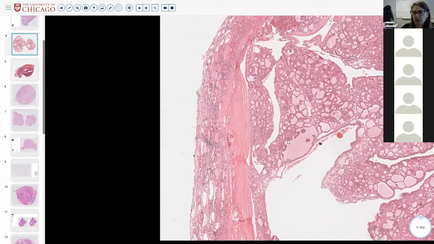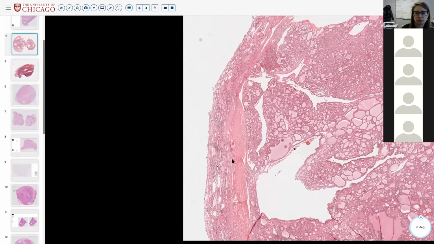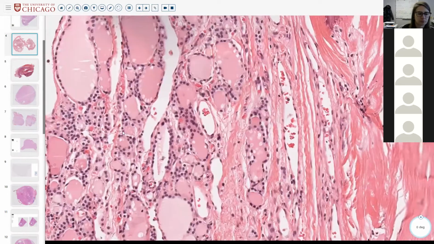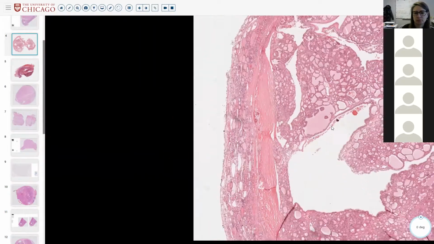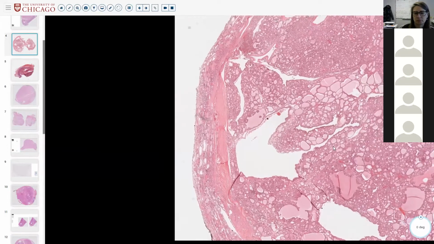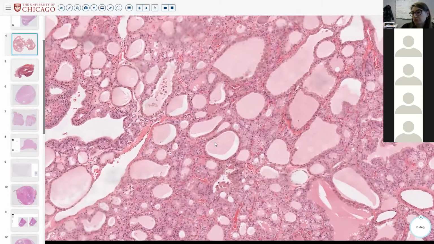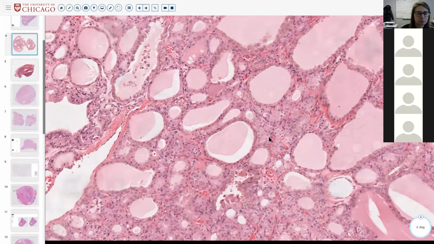Does this diffusely involve the whole thyroid? It looks like no, because there's a little bit of normal thyroid at the edge here. So then that kind of scraps the Graves theory. And yeah, so it looks like this is some sort of encapsulated, maybe follicular adenoma. It's kind of what I'm leaning towards right now.